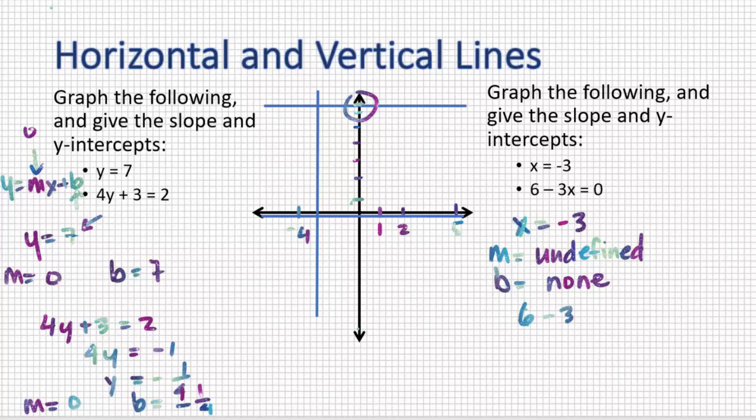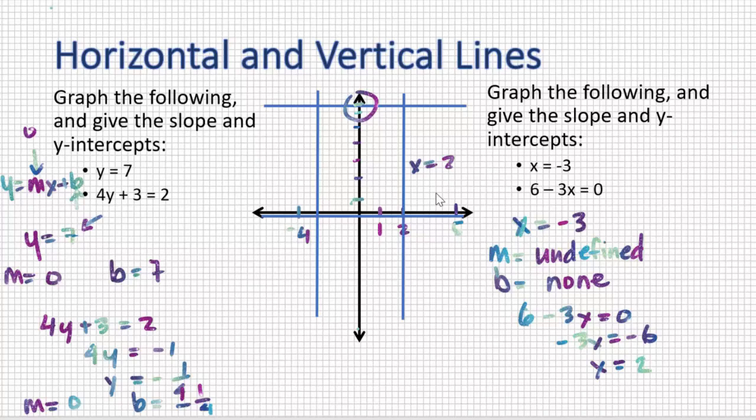Similarly, if we look at 6 minus 3x equals 0, solving for x gives us negative 3x is equal to negative 6, and dividing both sides by negative 3 gives me x is equal to positive 2. What does this look like? Here it is. This is the line x is equal to 2.